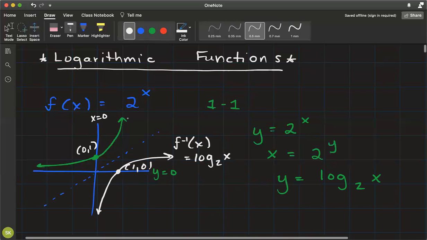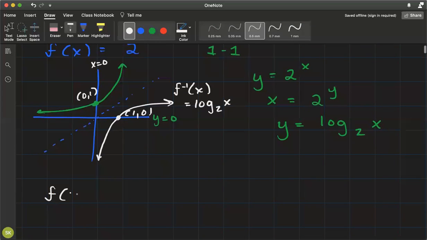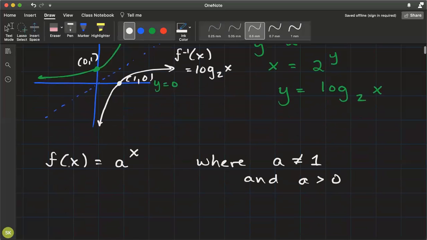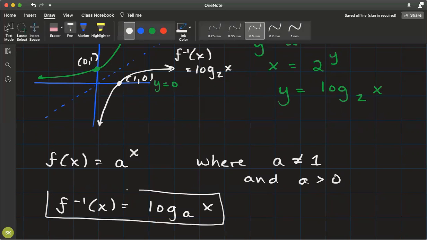So if we have f of x is equal to a to the x, where a is not equal to 1 and a is greater than 0, so it's a real number that's greater than 0 but not the number 1, then the inverse of this function is equal to log base a of x. So let's keep that in mind.